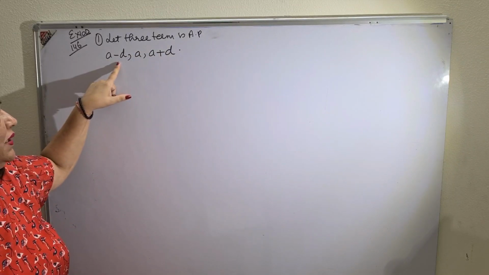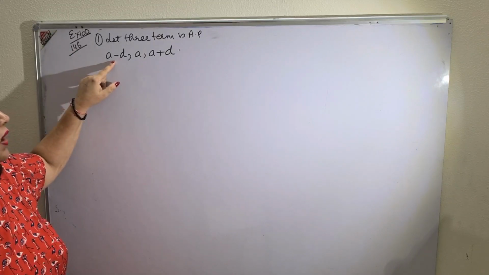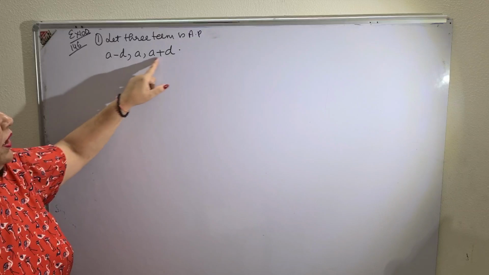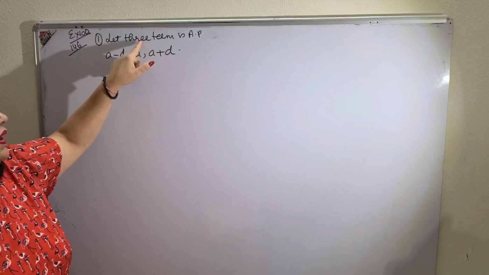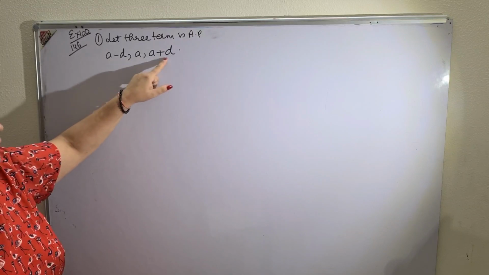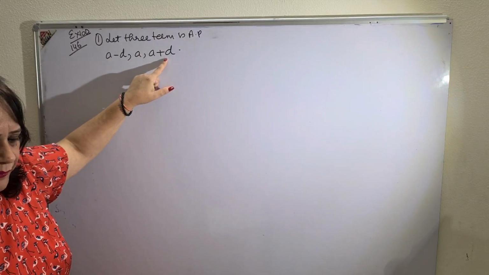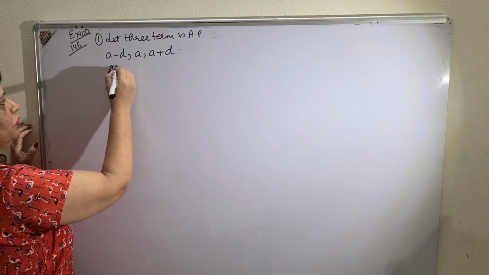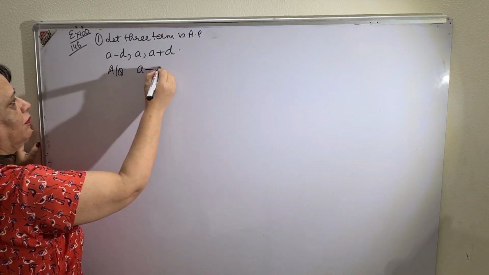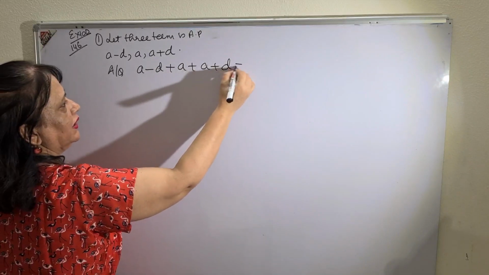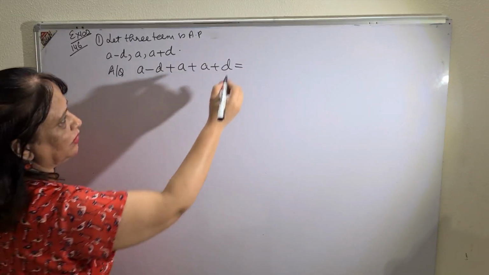First is a minus d, it will be a minus d. You cannot write a minus d on the right hand side. As I have written the order, you also follow the same. Let the 3 terms of AP be a minus d, a and a plus d. Then he says, whose sum is 24. So according to the question, (a minus d) plus a plus (a plus d) is equal to 24.